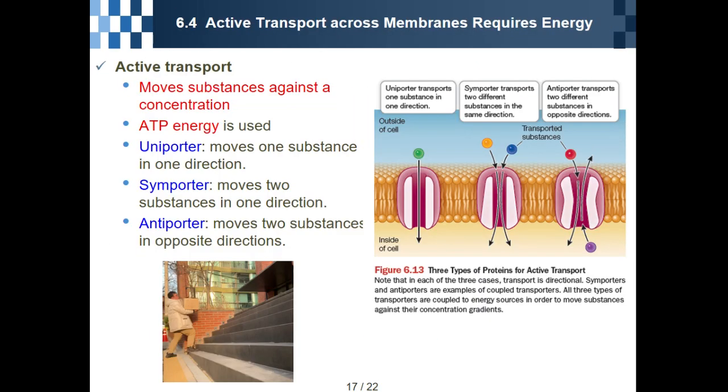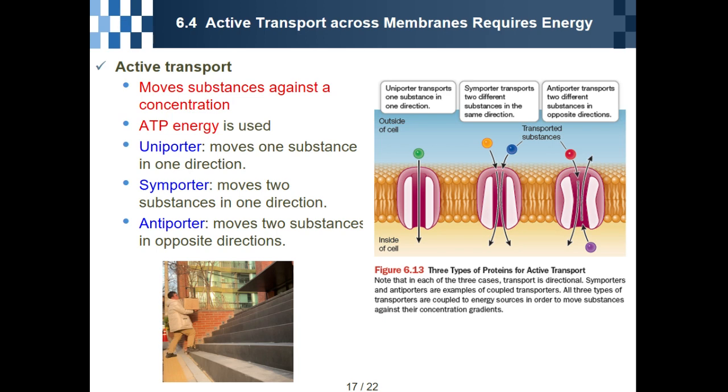However, active transport moves substances against the concentration gradient. That's why ATP energy is used. Okay? The important thing is that it moves substances against the concentration gradient. That's why ATP energy is used.